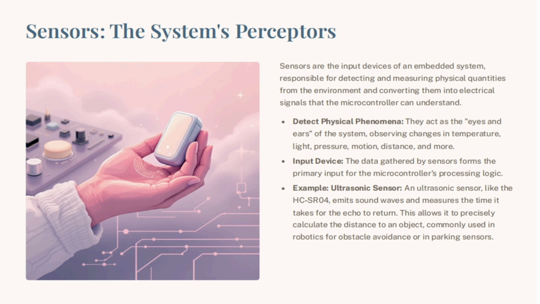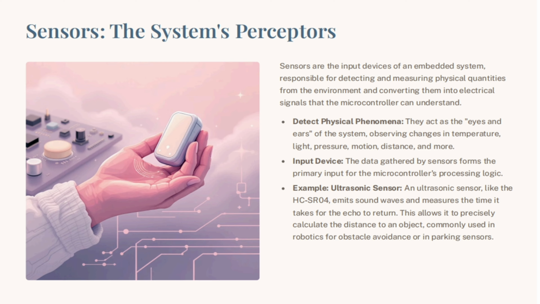Primarily input devices, the raw data gathered by these sensors forms the foundational input for the microcontroller's processing logic, allowing the system to react to its surroundings. Real world example: the HC-SR04 ultrasonic sensor.